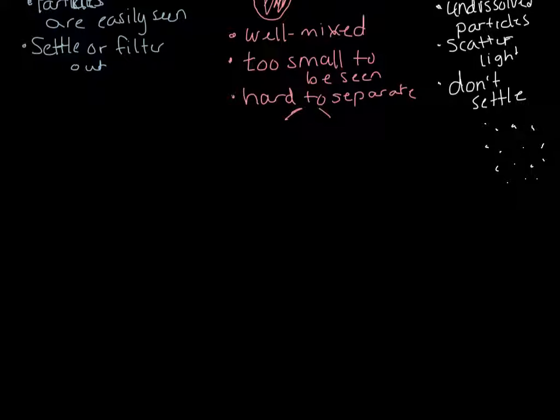So if I'm driving down the road, and this is a car, and I put my headlights on, especially if I have my high beams on, the lights are going to get scattered by the particles of fog, and it makes it very difficult to see.